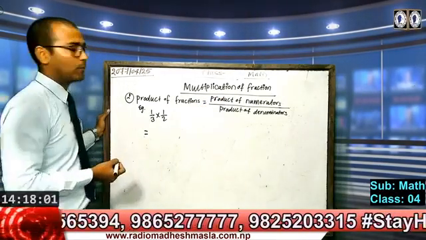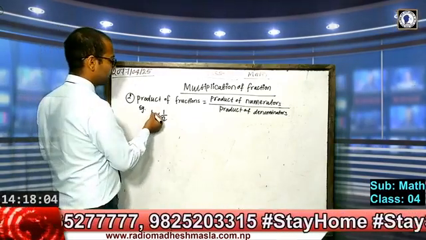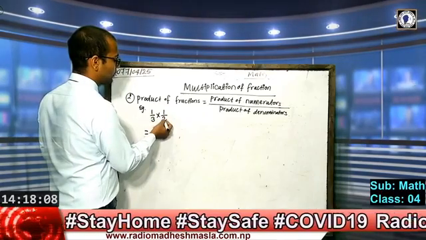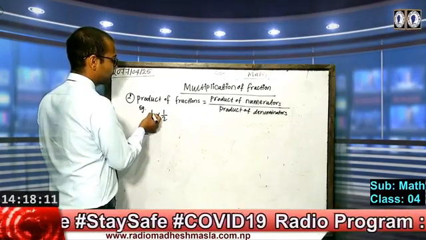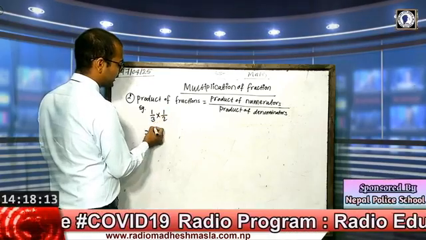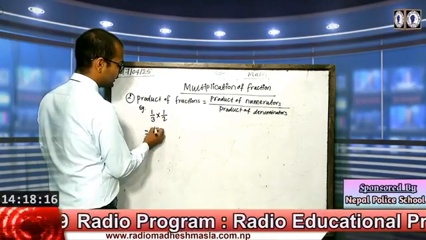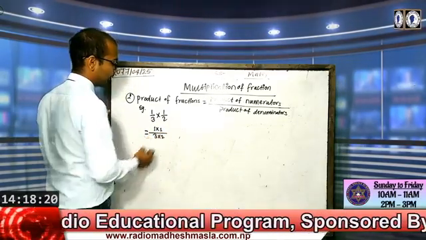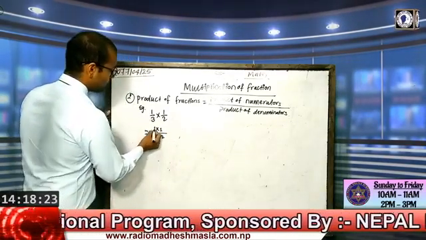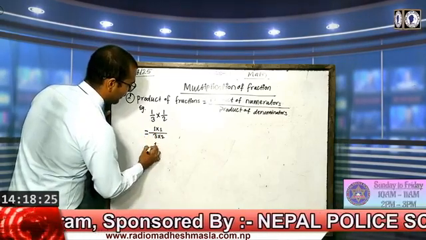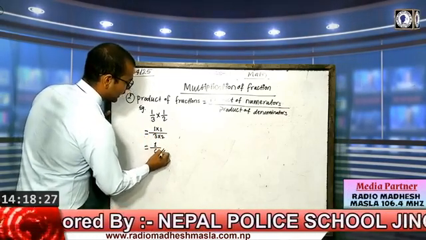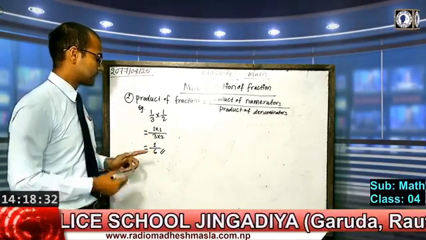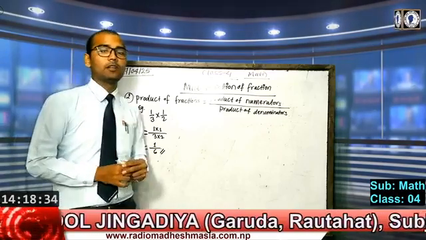So multiply the numerators, 1 into 1 is 1, and multiply the denominators, 3 into 2 is 6. So 1 into 1 is 1, 3 into 2 is 6.